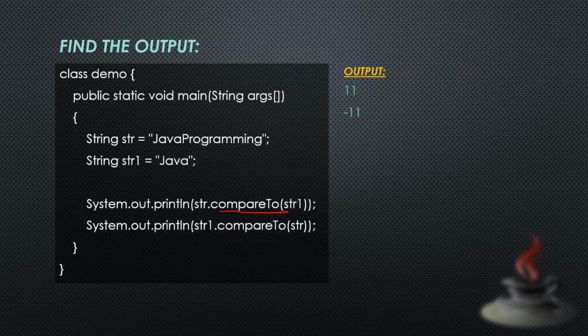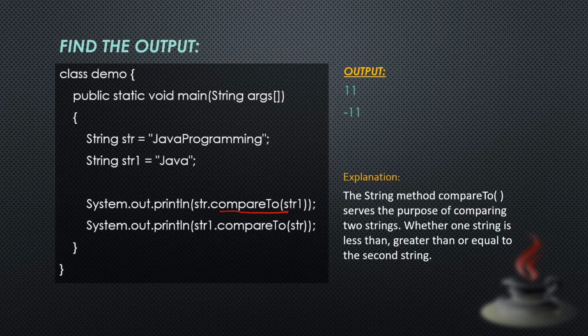Why is one a positive value and another a negative value? The compareTo method serves the purpose of comparing two strings, whether one string is less than, greater than, or equal to the second string.